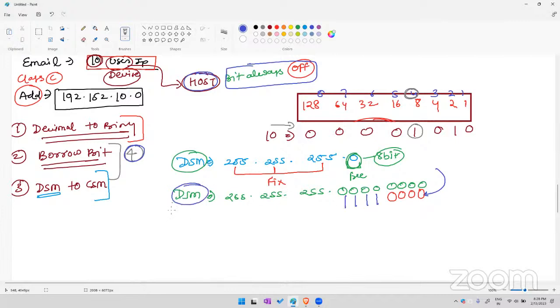Now create the DSM to CSM. The 3 octets are already fixed, so we write 255.255.255 dot. And how many bits on? 4 bits.